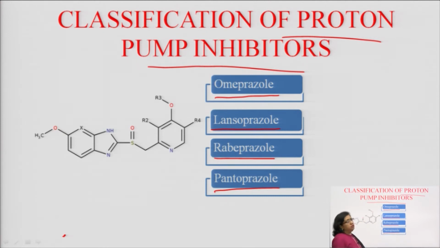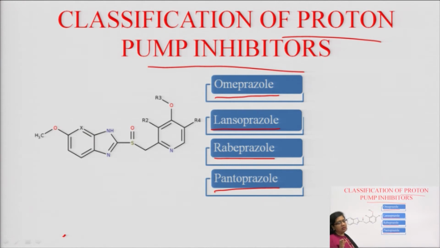I think you might have taken the medicine Rablet D, which contains rabeprazole, or Pentocid, which contains pantoprazole. These 4 drugs are mentioned in your syllabus, though there are other drugs also. These 4 drugs contain a common skeleton.